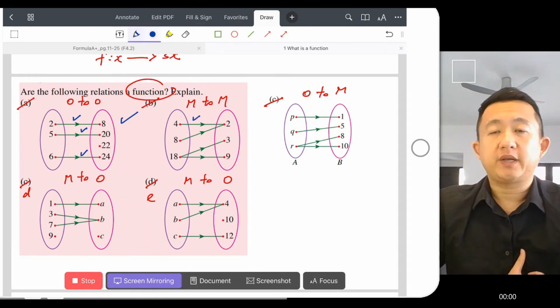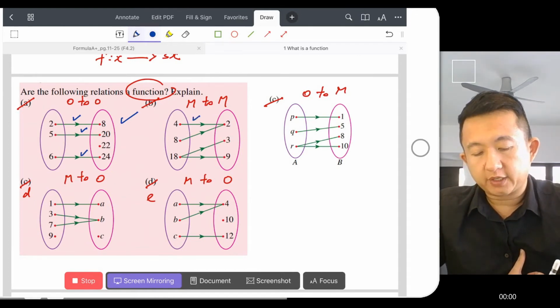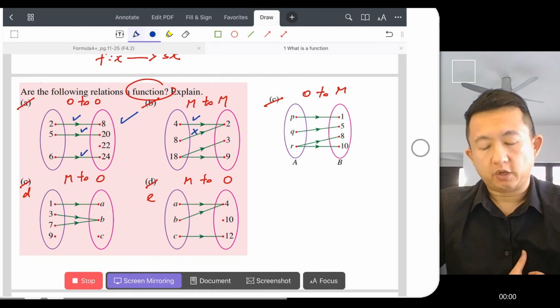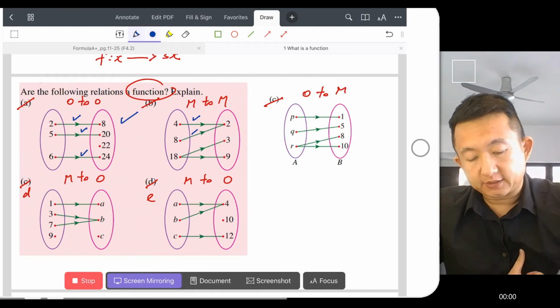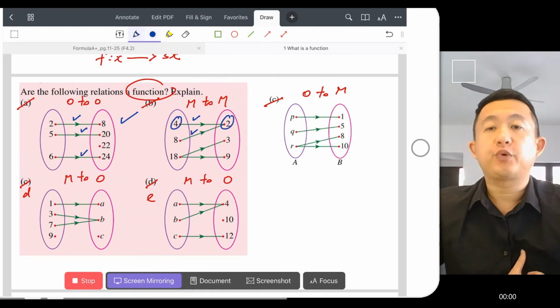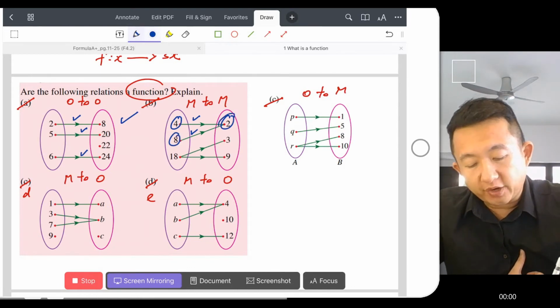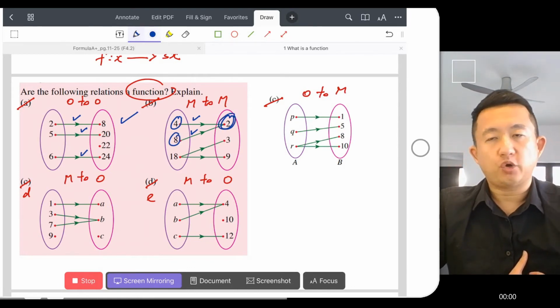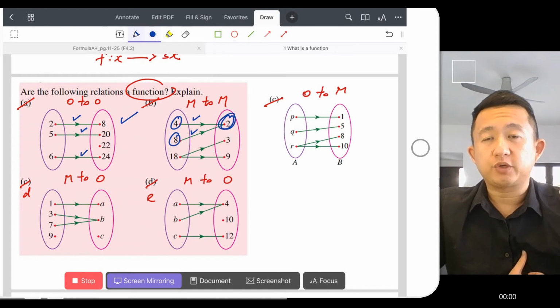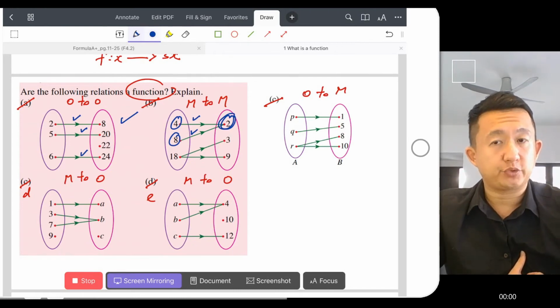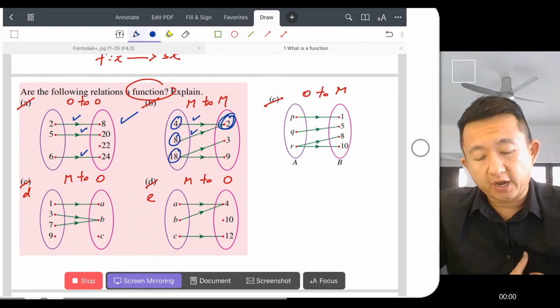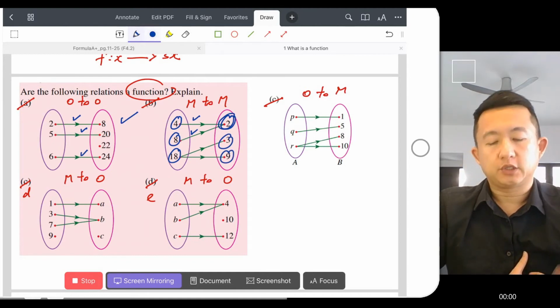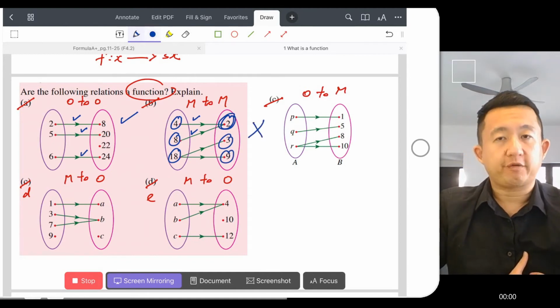Every input has one output? Yes. Oh, here no. Why? Oh, yes, yes, yes, because one input, one output. One input, you have the same output, yes. So no problem. One input, you have only one output, even though it's the same output. And one input, you have 2 outputs. So no, not a function.